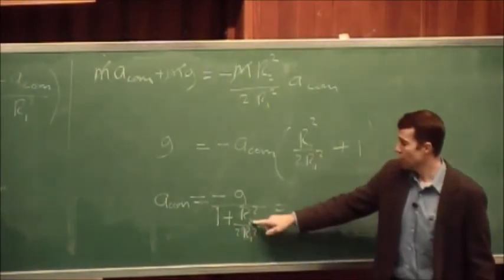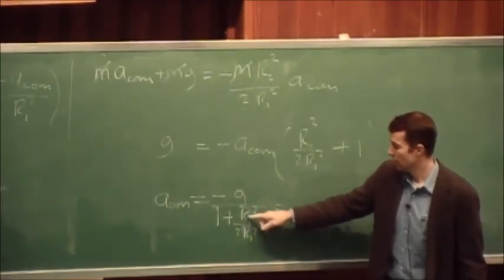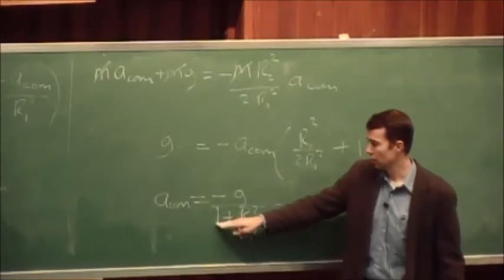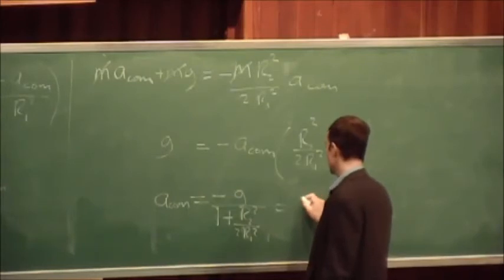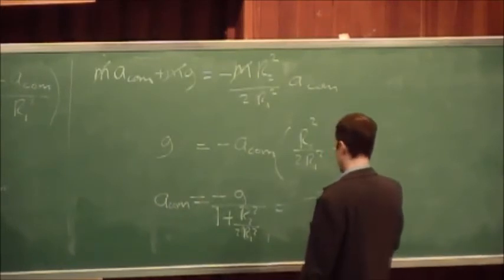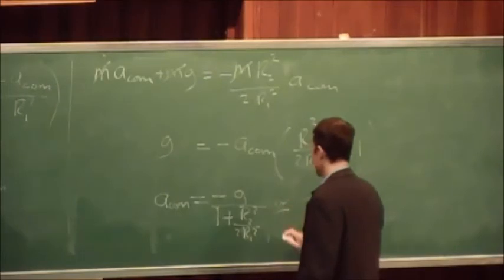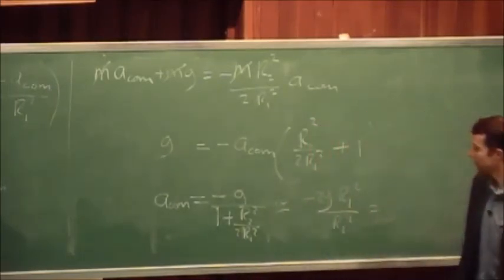If r2 squared is much, much larger than r1 squared, then we can ignore the 1, and we can get a good approximation here that this is approximately equal to minus 2g r1 squared all over r2 squared.